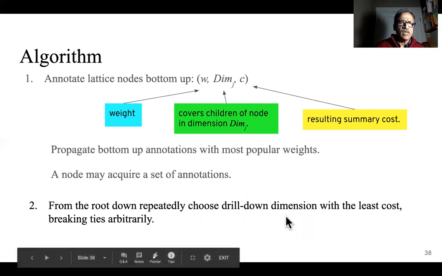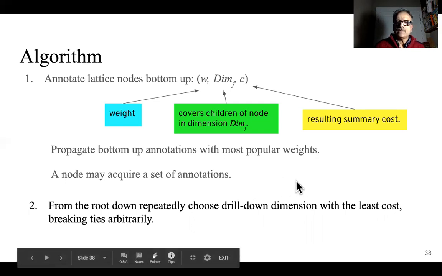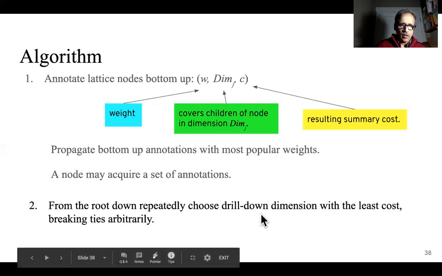In stage two, from the root downward, we repeatedly choose, again, in some kind of greedy fashion, for every lattice node, the dimension child such that along that drill down dimension, the cost is the least from what we can tell from the various annotations of the child nodes. Okay, so, and whenever there is a tie, it doesn't matter, we can break it arbitrarily.